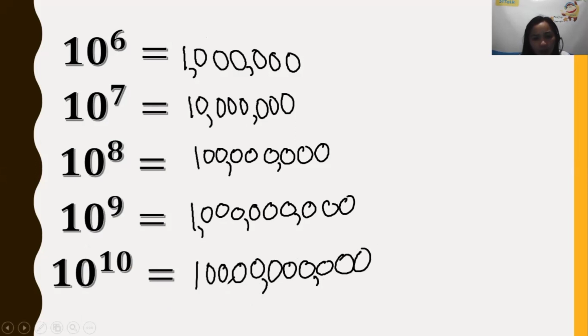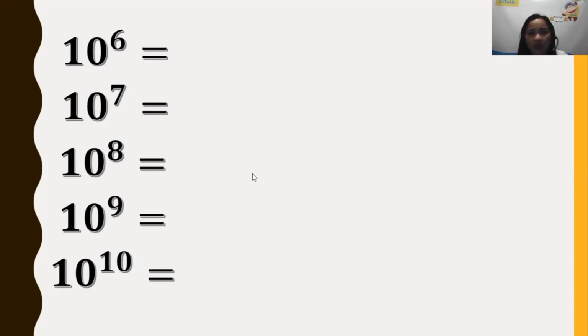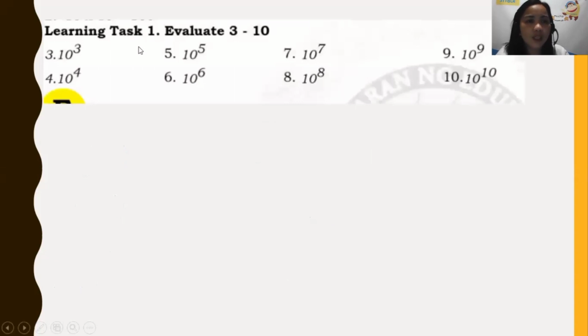So, we can apply this method if our base is 10. If our base is 10, then the exponent will tell us the number of zeros that we are going to put on the answer. Now, let's proceed to the learning task on your module.